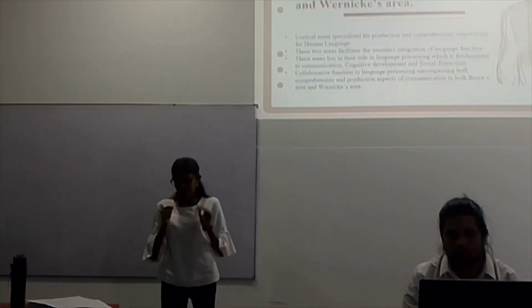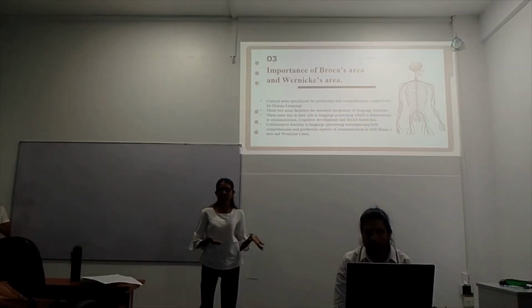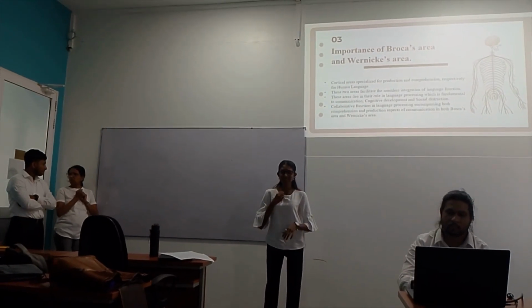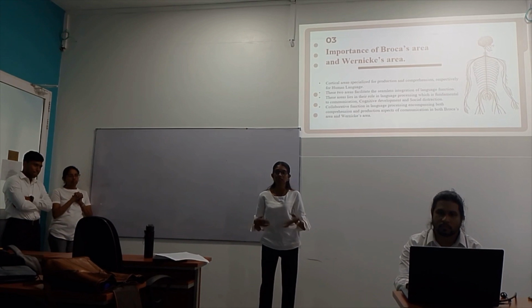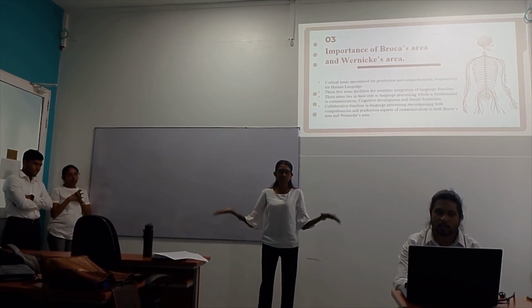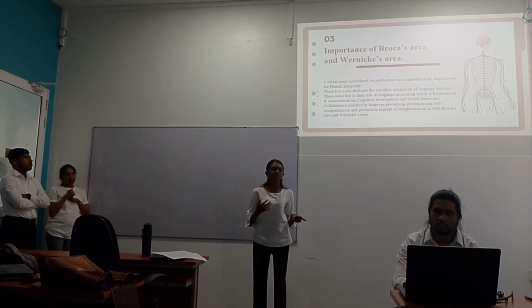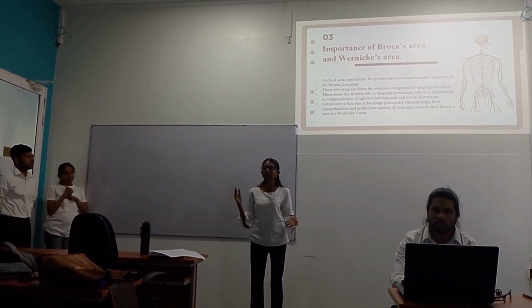Language processing is fundamental to communication, cognitive development, and social distraction. When we talk about communication, we are communicating with one person, or maybe a bunch of people. And also cognitive development: maybe a signal, maybe an emoji, maybe a number.